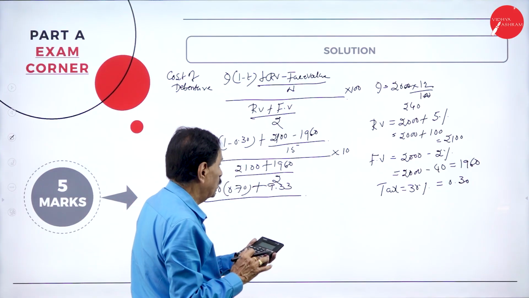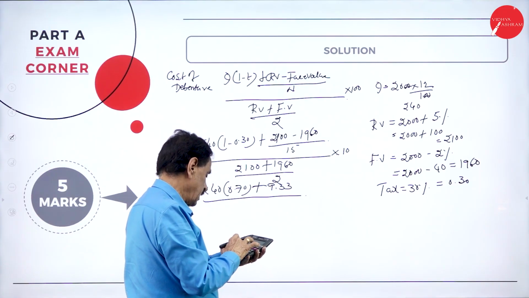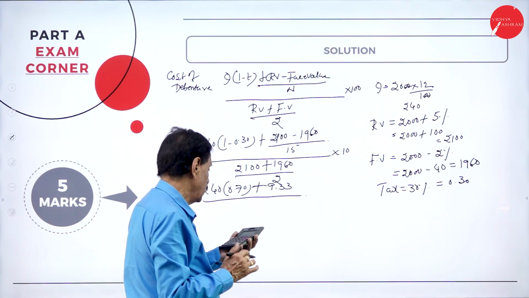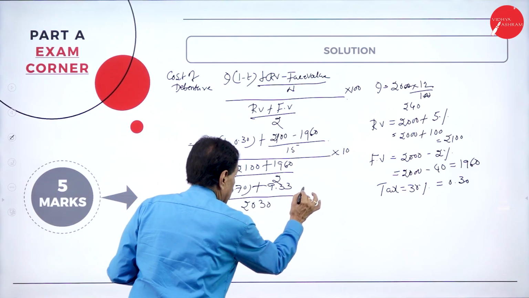This is divided by 2100 plus 1960 divided by 2, which is 2030, into 100.